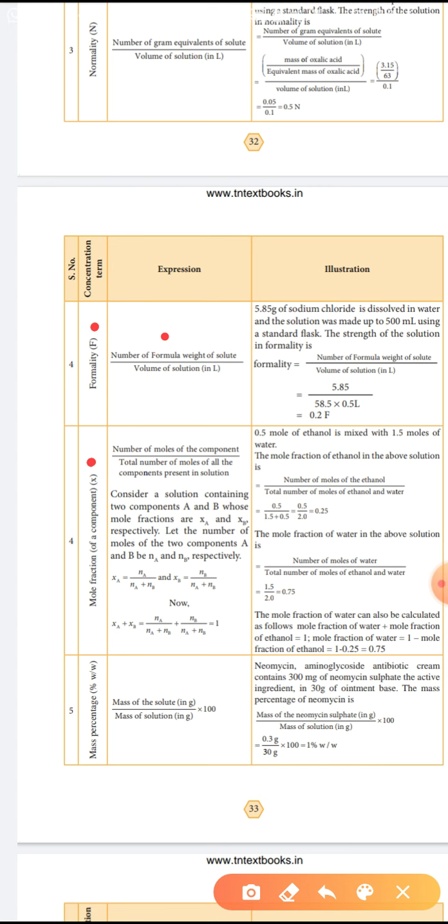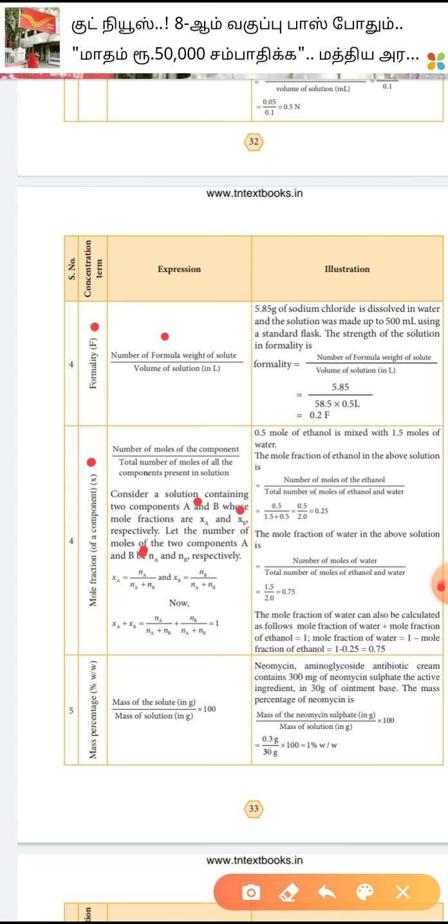Consider a solution containing two components A and B, whose mole fractions are XA and XB respectively. Let the numbers of moles of the two components A and B be NA and NB.